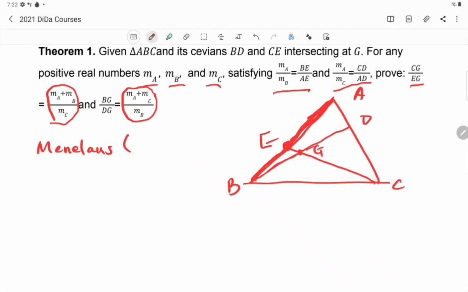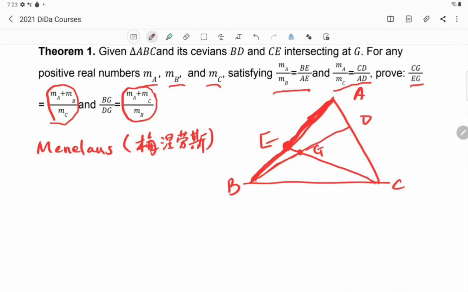For those people who are watching who don't know the English name but may know the Chinese name, I'll write the Chinese. 梅涅劳斯定理.